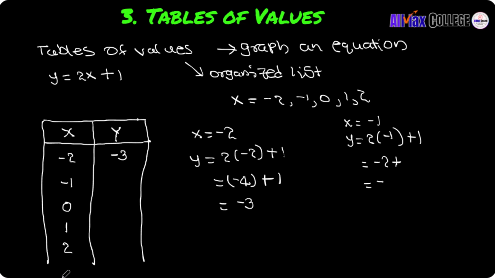So the value is minus 1. Y equals minus 1. So the ordered pair is minus 1, minus 1. X is minus 1, y is minus 1.